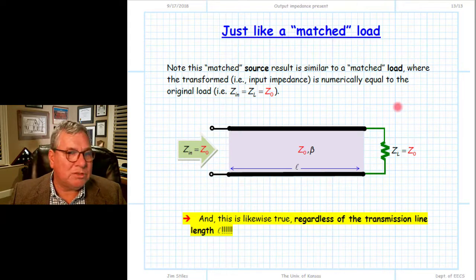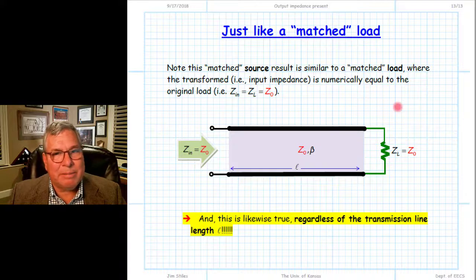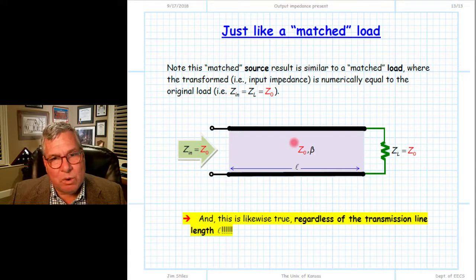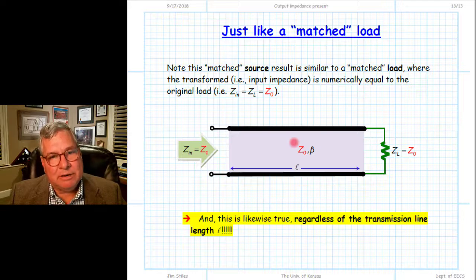So whether we have a matched source or a matched load, the transformation by the length of transmission line does not alter the load impedance or source impedance if it is quote-unquote matched, meaning it is numerically equal to Z0.